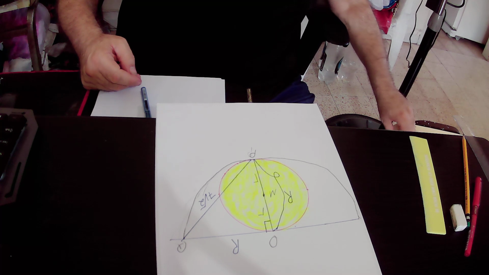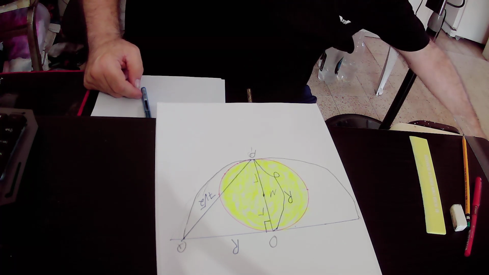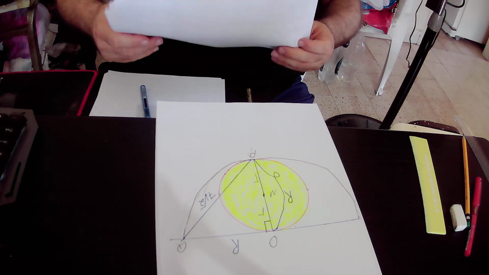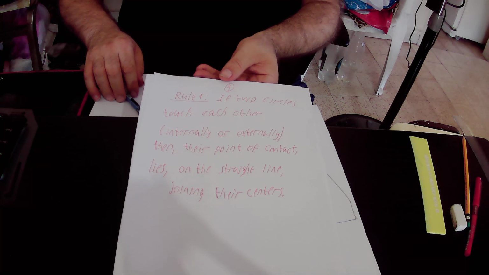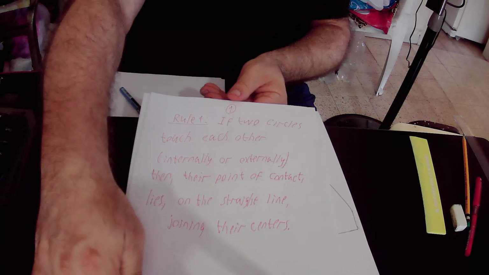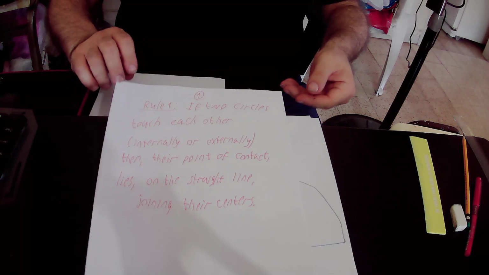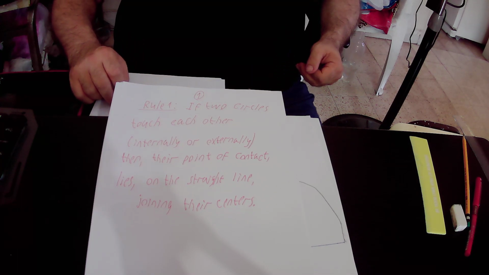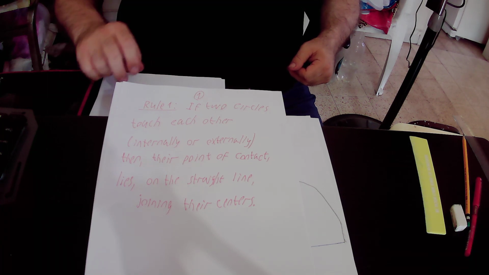And actually we have a rule number 1, that states that if two circles touch each other internally or externally, then their point of contact lies on the straight line joining their centers.